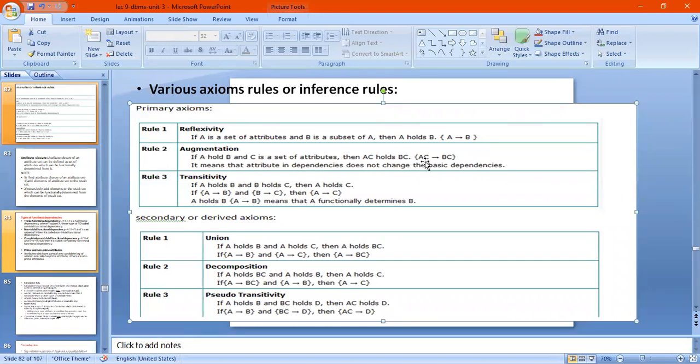It means that adding an attribute to the dependency does not change the basic dependency.